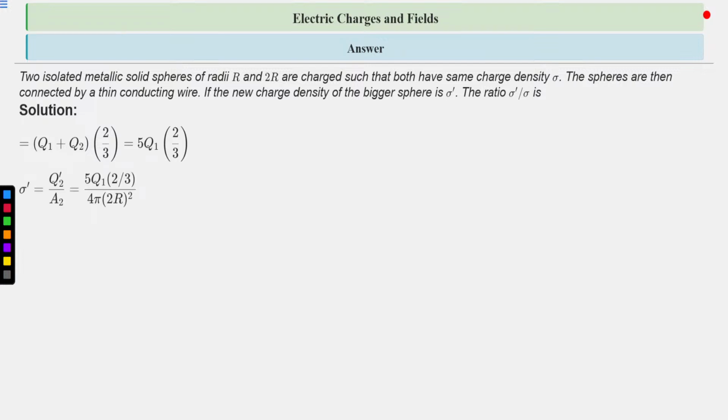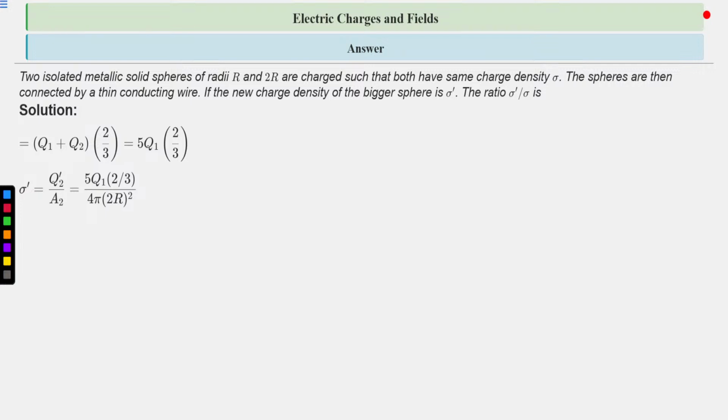Now sigma prime. Sigma prime is the surface charge density of the bigger sphere, which is equal to the charge on the bigger sphere after the transfer of charge, after connecting it with the thin conducting wire with the other solid sphere, which is Q2 prime upon A2.